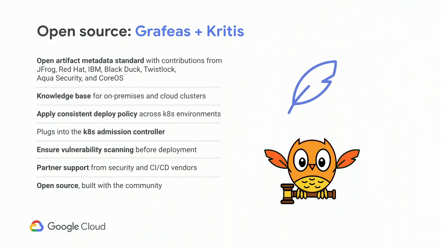So we work with a number of industry partners, JFrog, Red Hat, IBM, Black Duck, Twistlock, and more, to create the standard metadata format so that they can be plugged in to your existing CI/CD pipeline.